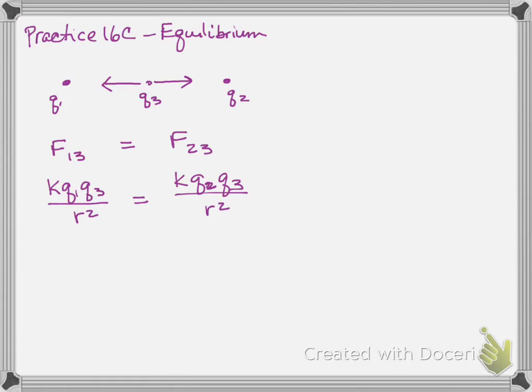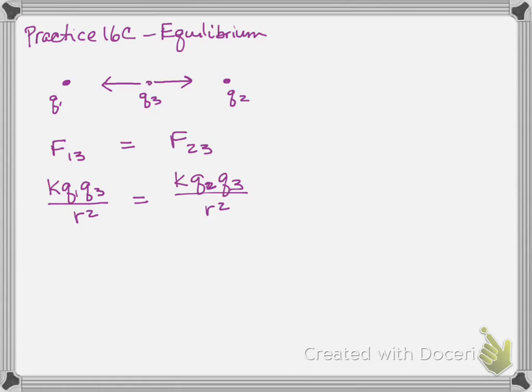Are these R's necessarily the same number? No, not necessarily, because we don't know exactly where Q3 is, and right now we don't know how big Q1 is and how big Q2 is.